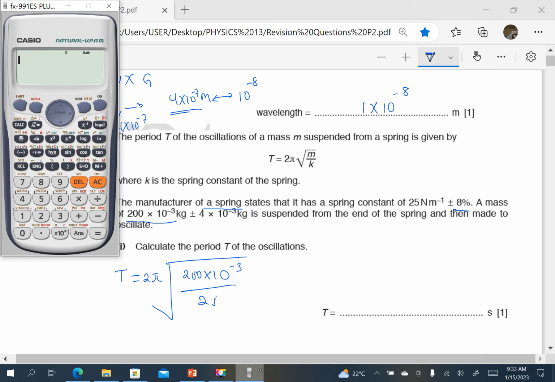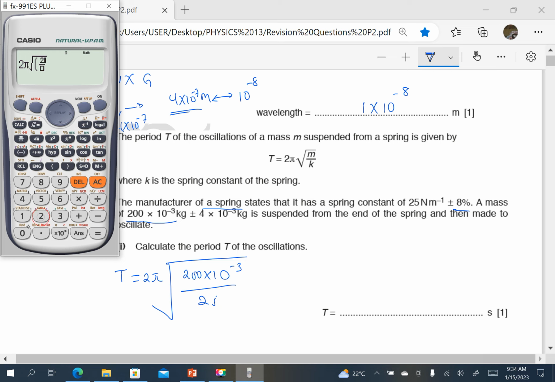So I will have 2 pi square root of, I'll open the brackets.